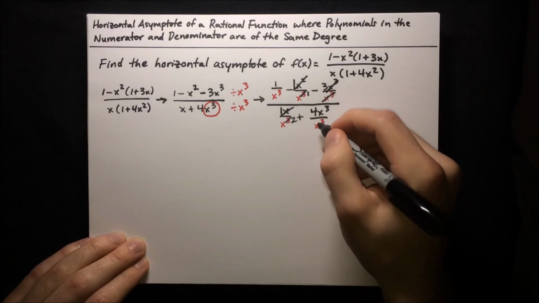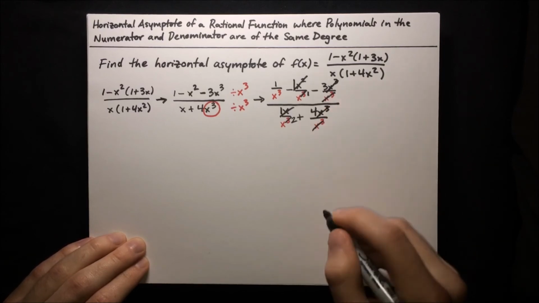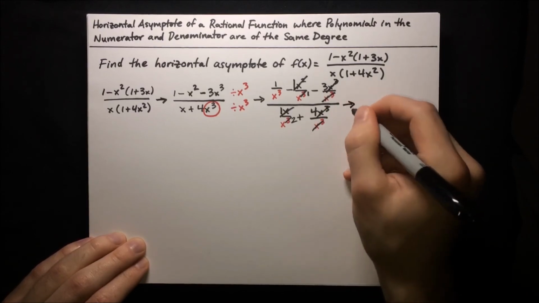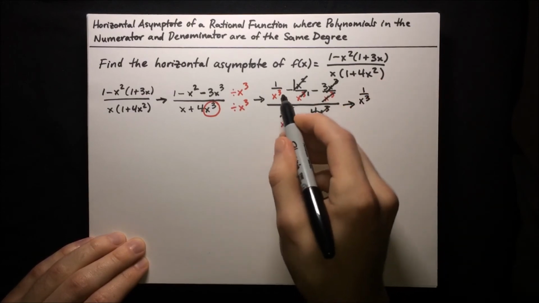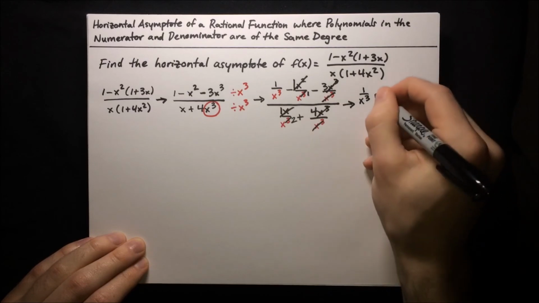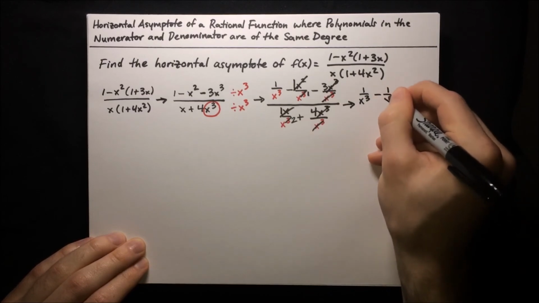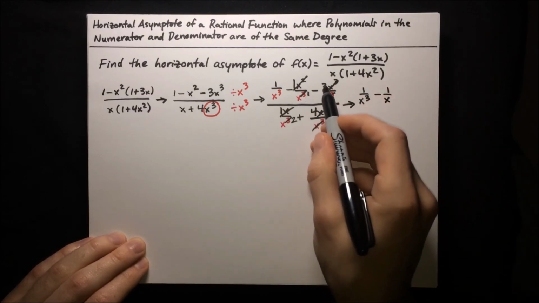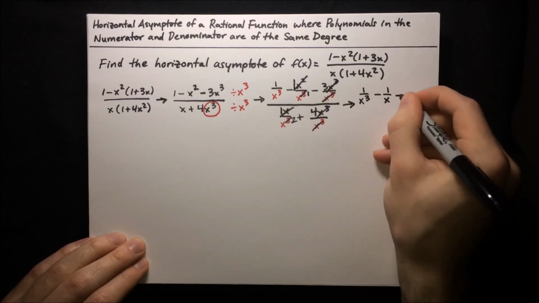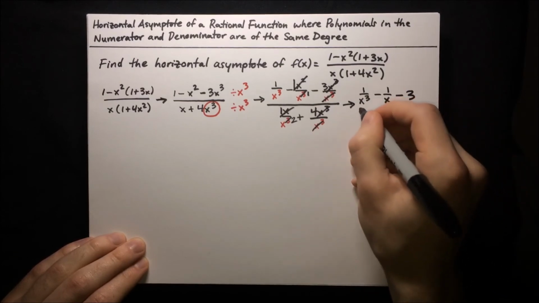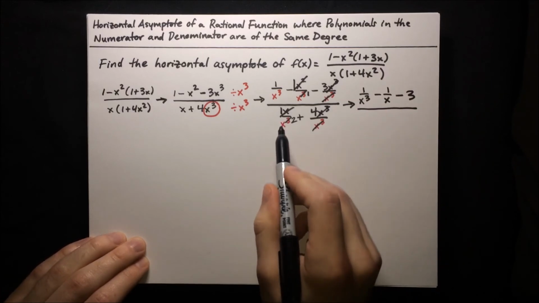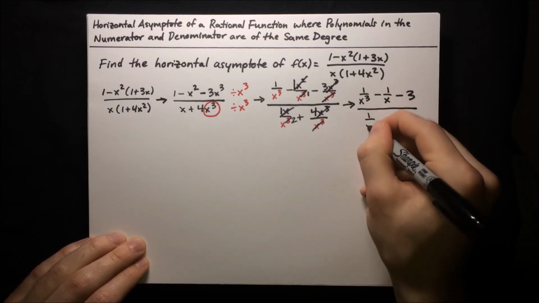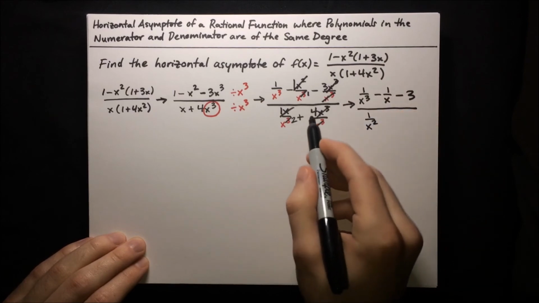And then x to the thirds cancel here and here. So that just goes to 1 over x to the third, then minus 1 over x to the first, so just minus 1 over x, and then minus 3, and that's just 3. The x to the thirds canceled out, so just 3. In the denominator then, we have 1 over x squared, then plus 4.